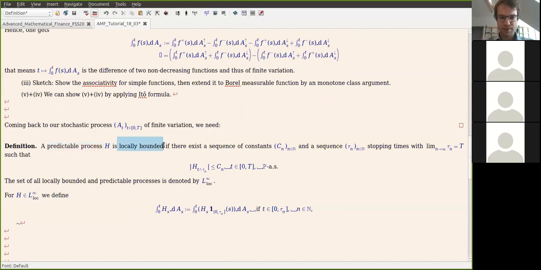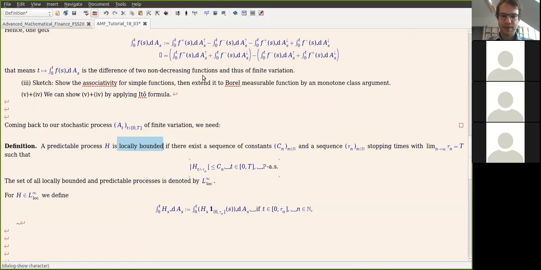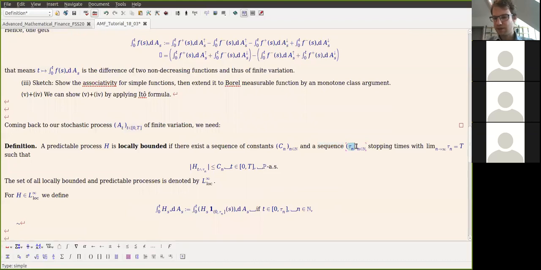And now we want to put the extra assumption that the process is locally bounded. So locally bounded means you can find a sequence of constants and a localizing sequence, meaning this sequence almost surely goes to t, the terminal time.